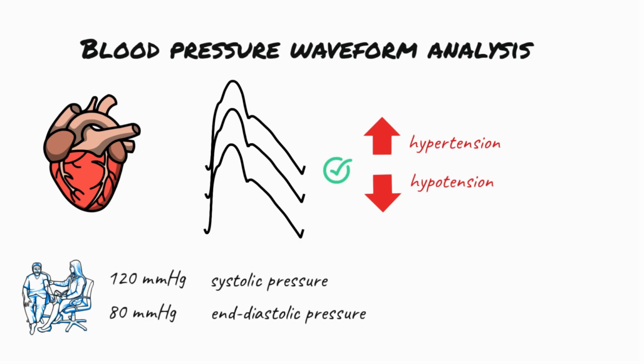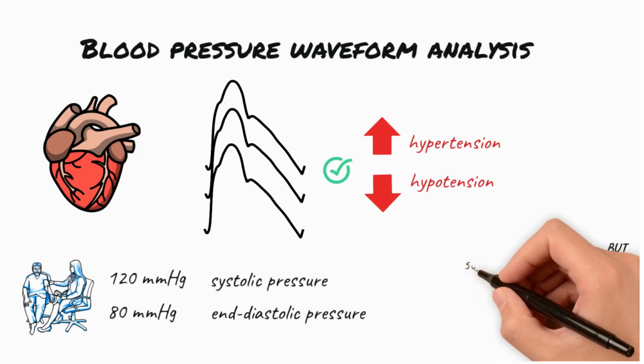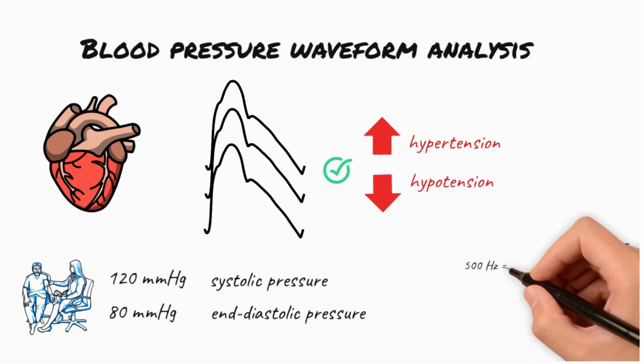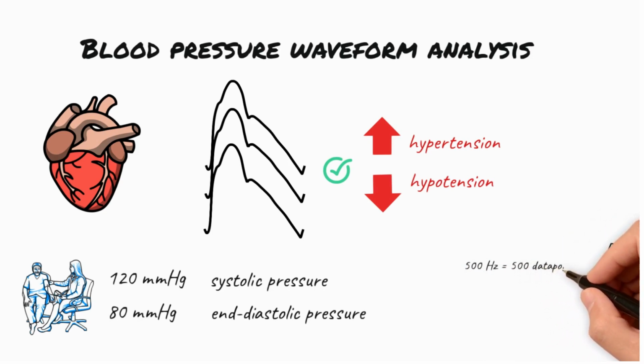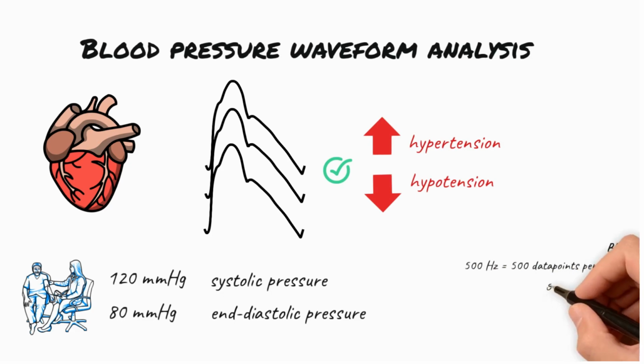But, there is a big but, the blood pressure waveform is so much more than just those two values, that minimum and maximum value. There are so many data points in between that we are not using. If we are doing some calculations in the right lower corner here, blood pressure signals are often recorded at 500 Hz, which means that you record 500 data points per second. And for example, in 1 second, a rat has approximately 6 beats.